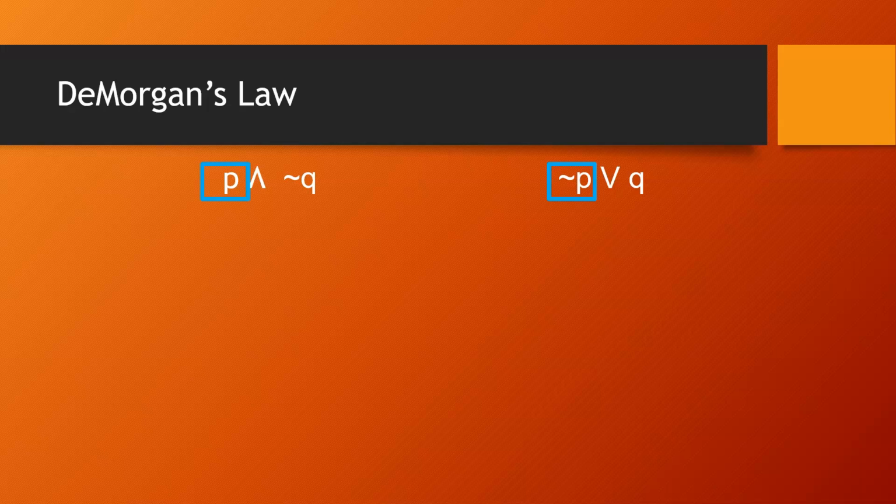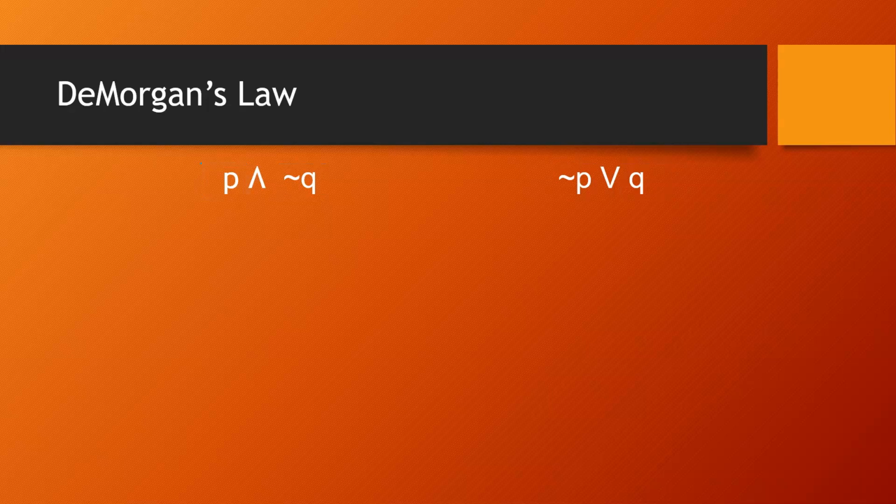So I see P in the left one, I see not P in the right one. The second simple statements are also opposites. I see not Q in the first one, and I see Q in the second one. And one of those statements is a conjunction, an and, and the other is a disjunction, an or.